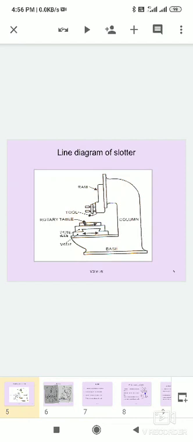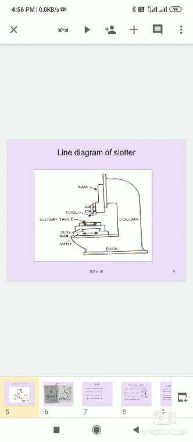First one is the longitudinal: work mounted on the table is fed perpendicular to the column, towards or away from its face. Cross: work mounted on the table is fed parallel to the column face. Circular: work mounted on the table is rotated on a vertical axis.